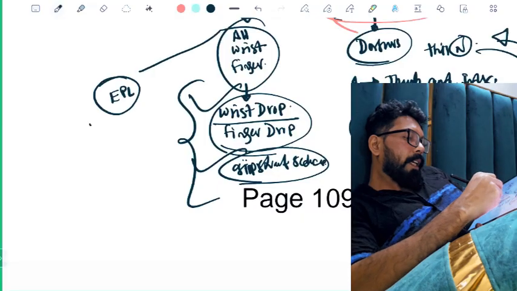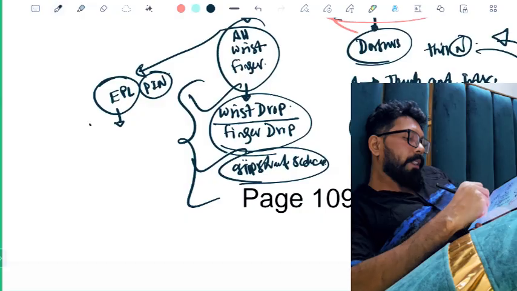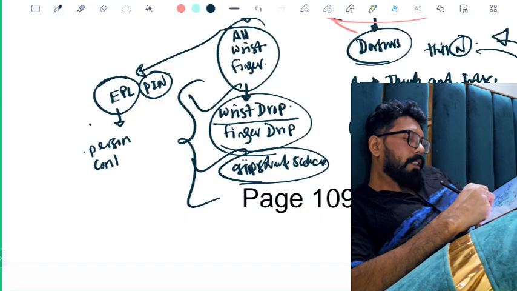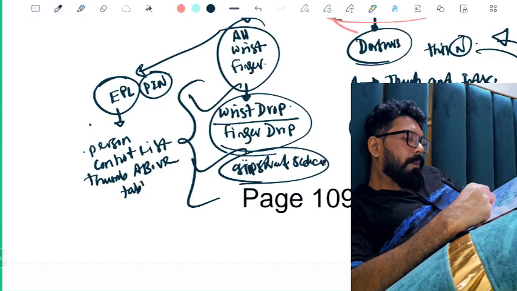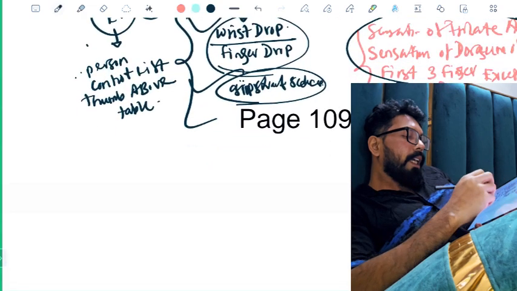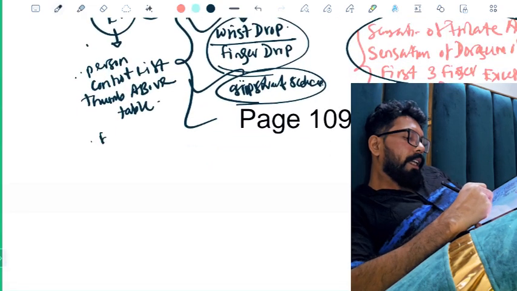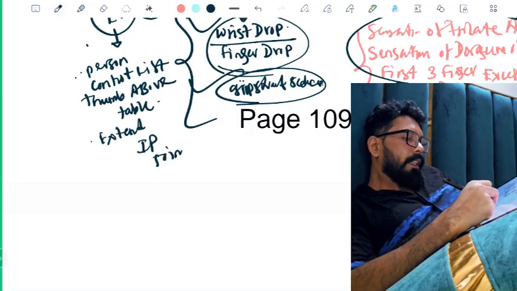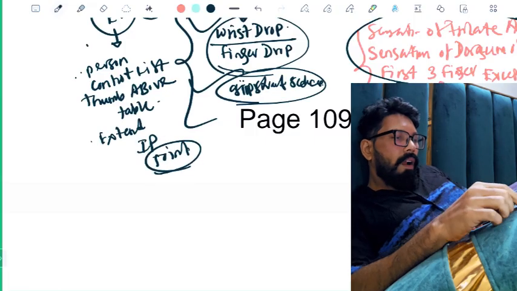So EPL is also supplied by PIN. So this is an isolated manifestation, that is, the person cannot lift the thumb above the table and cannot extend the IP joint. I will talk about that later.